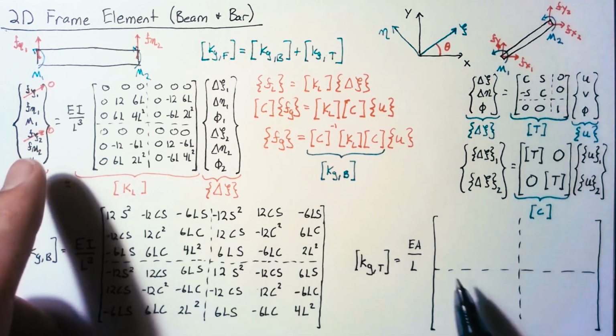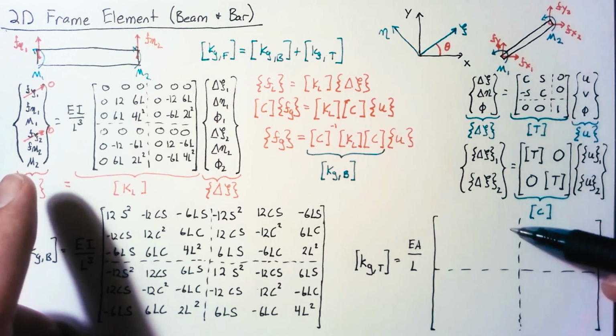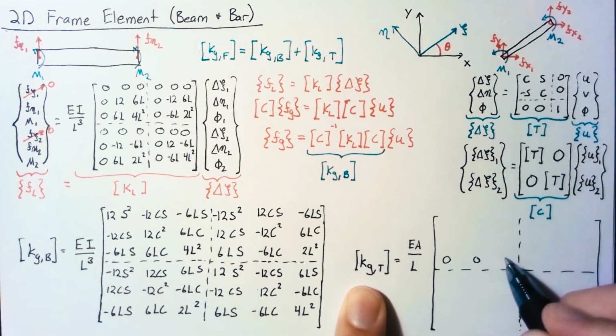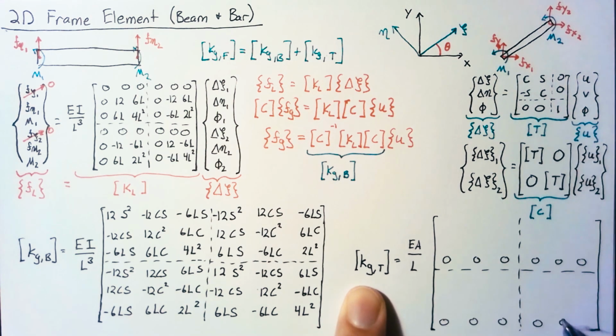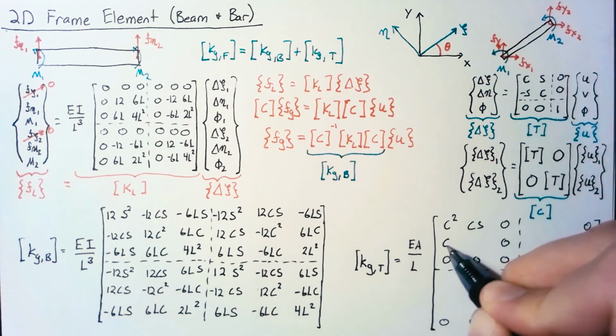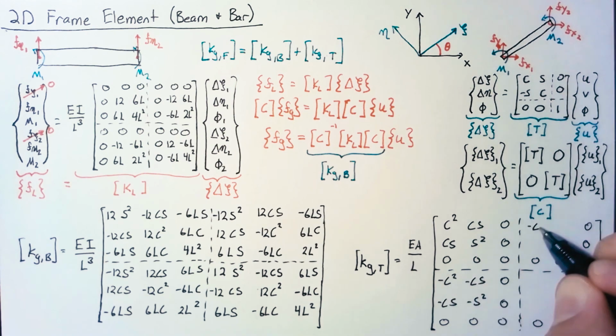Because this line here and this line here are both going to be the moment, and then this line and this line are both going to be the rotation. And neither of those affect the truss element. And so we just get to fill in each of those rows and columns with zeros. And what's left is going to be exactly what we had for the 2D truss element, that 4 by 4 matrix.